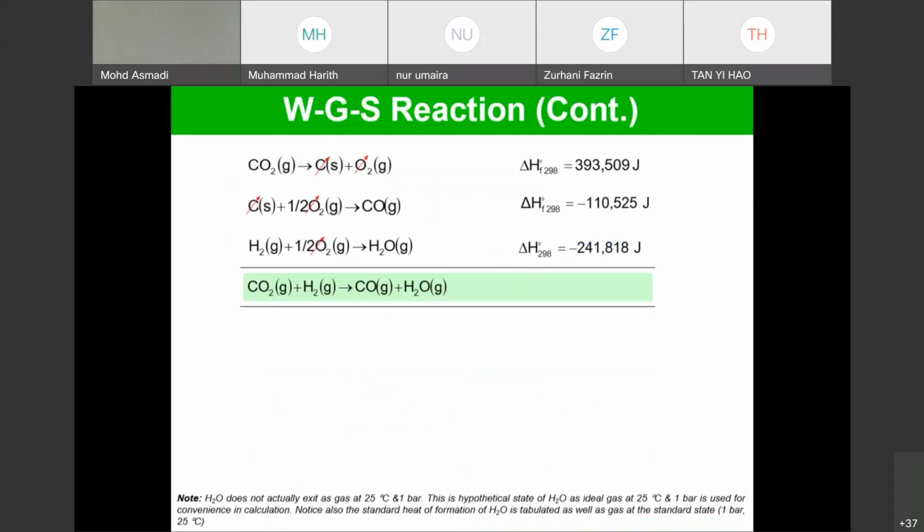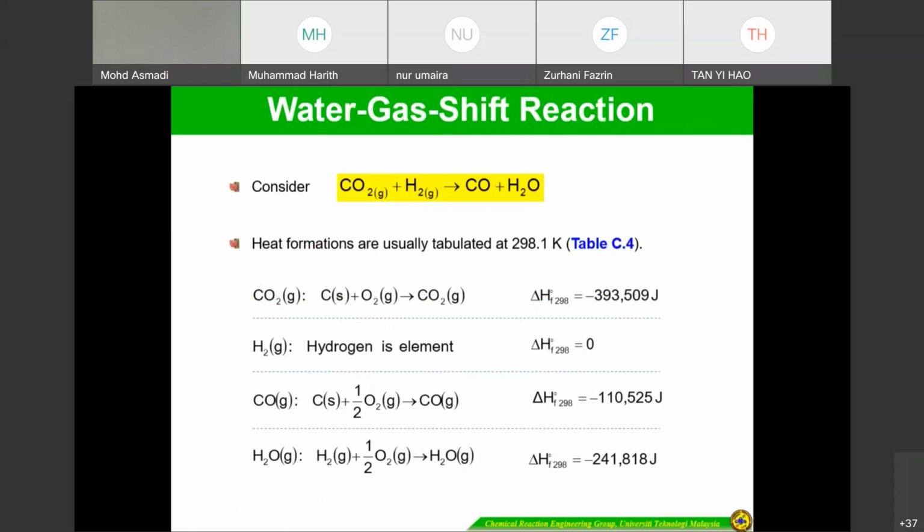So how to calculate, for example, the heat of reaction for the water gas shift reaction? If you look at table C4 for CO2, delta H formation at 298 for carbon monoxide and carbon dioxide, carbon dioxide is negative 393,51. So this one is already given in the tables, for CO and also H2O.